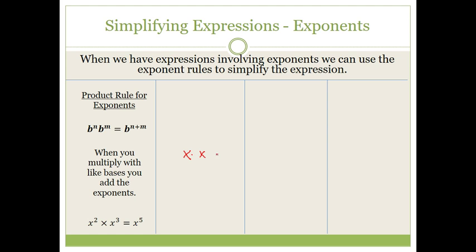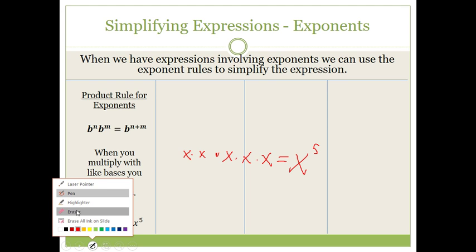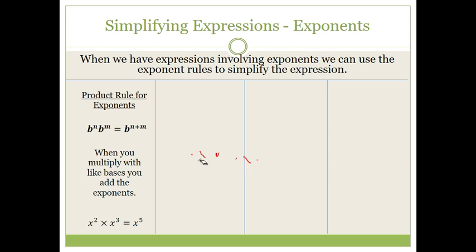We're going to multiply that by x cubed, which means 3 x's multiplied by each other: x times x times x. Now you can easily see that we have 5 total x's being multiplied by themselves, and that's what x raised to the 5th power means. So that's the first rule we need to know.